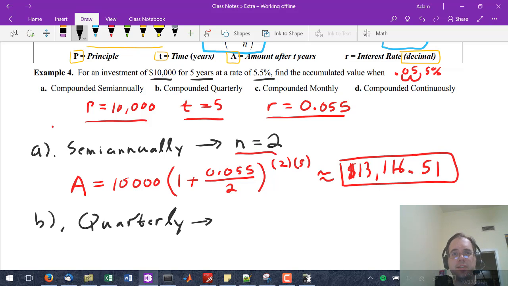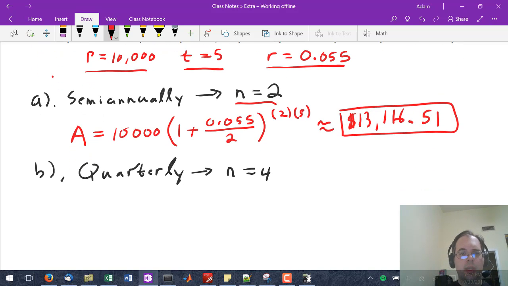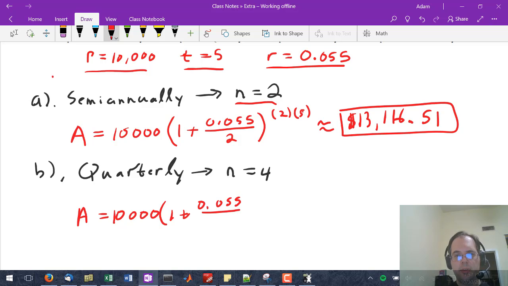For quarterly, that means it's paid 4 times a year. So we have n equal to 4 for quarterly. And if we plug this in, I'm going to use 4 instead of 2, and it should come out to be something like this.